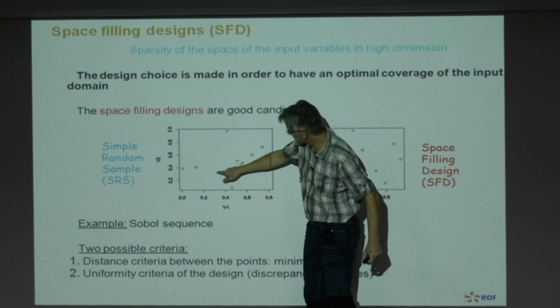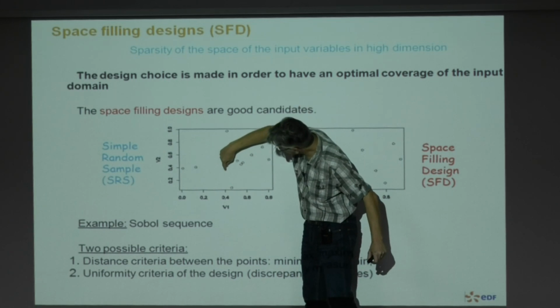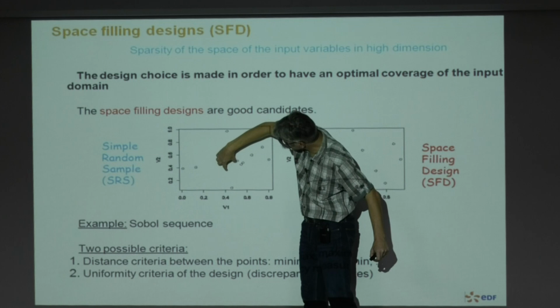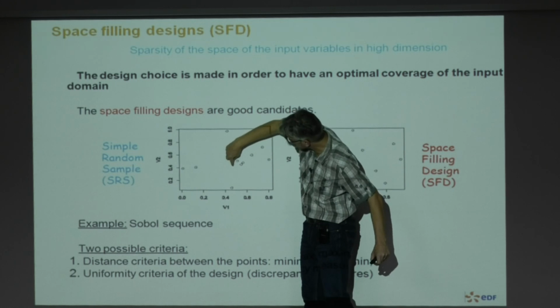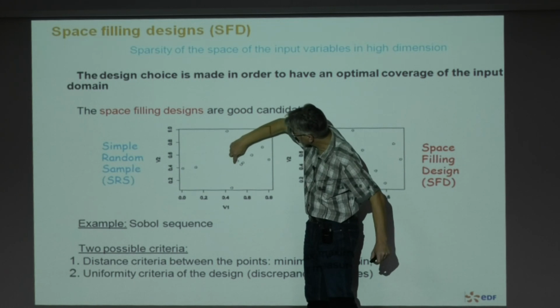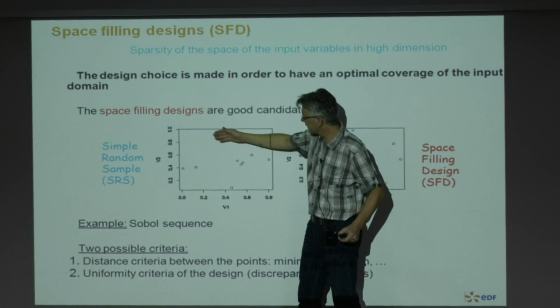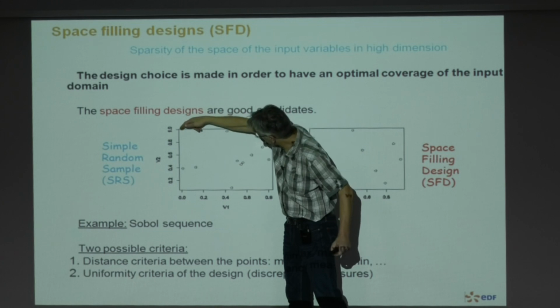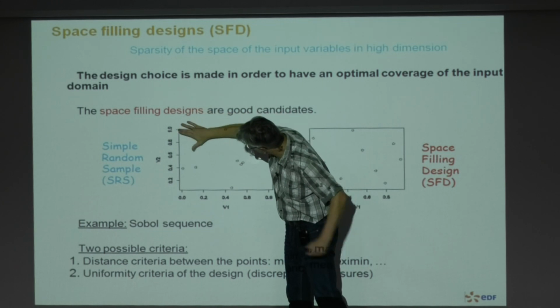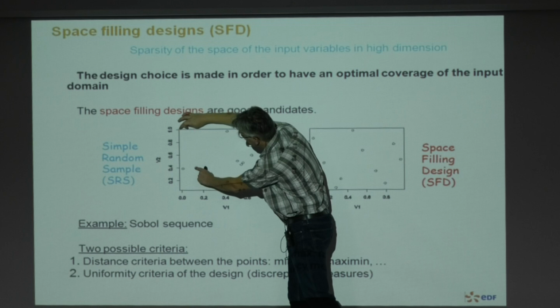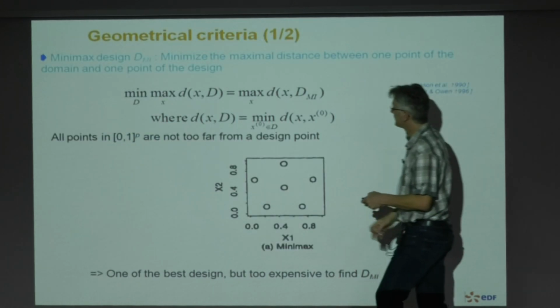If I take this point, the distance is this, because this is the closest point of the design. And so now I look for the point in the domain which is the farthest from the points of the design. So this one.